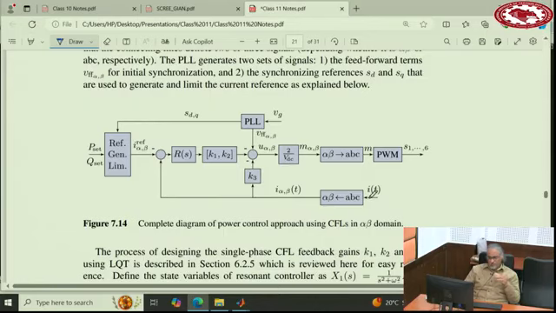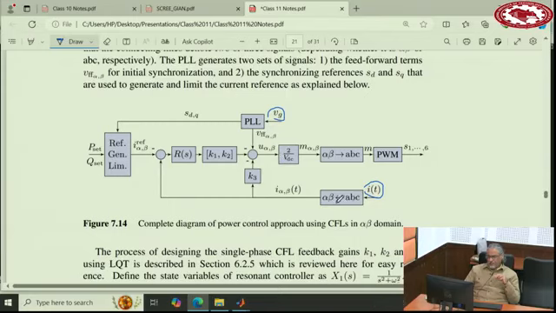You take I, and this shows the complete diagram of the controller. So you measure the current, and then you measure the grid voltage. The grid voltage goes to the PLL, and then the PLL gives you SD and SQ, P and N, and feed forward terms that you need here.